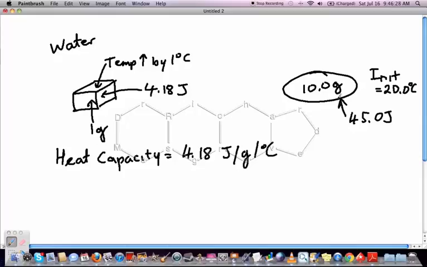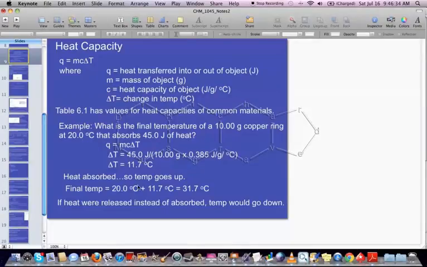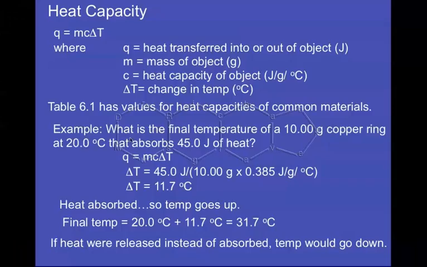We know that the temperature is going to increase, and that's what we found out when we did the equation here. We found out that the temperature went up by 11.7 degrees Celsius.